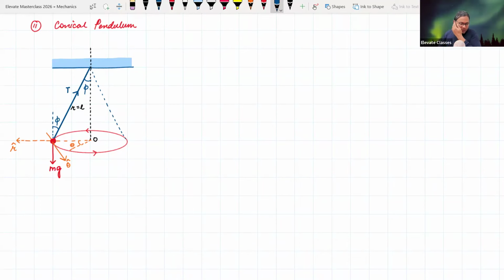So now if I want to resolve the forces, let me resolve the forces in various directions. mg need not be resolved.